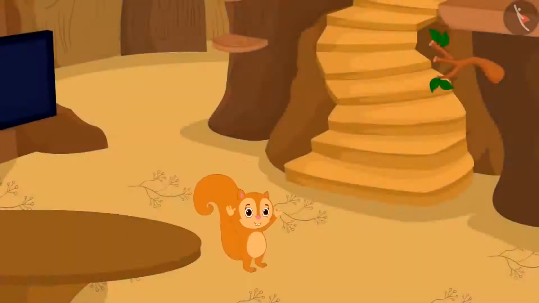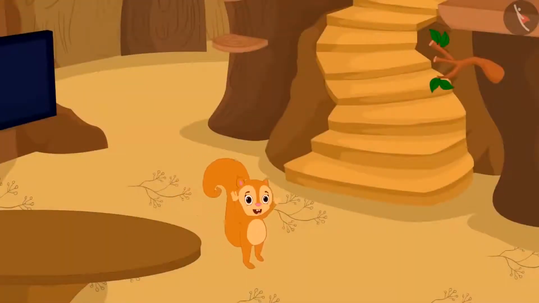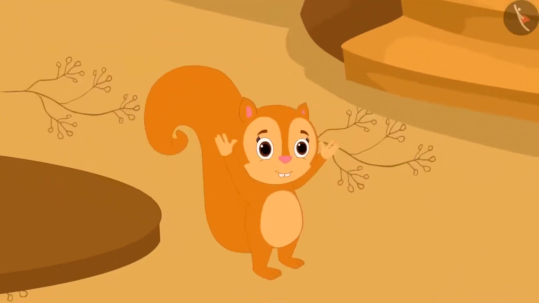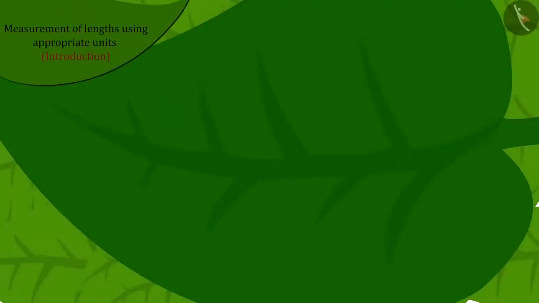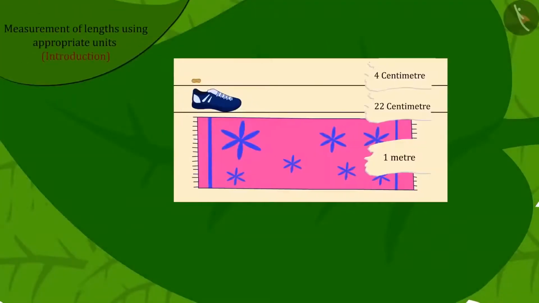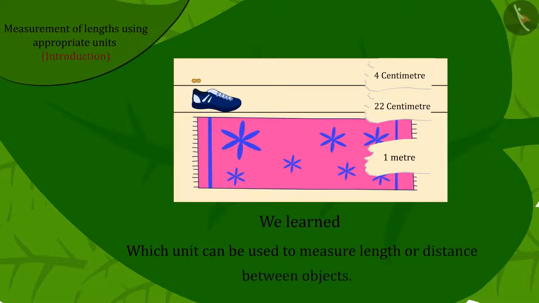After all, Chanda got all the measurements written by her to match. See how she's dancing happily. Children, in this video, we learned about which units can be used to measure the length or distance between objects.